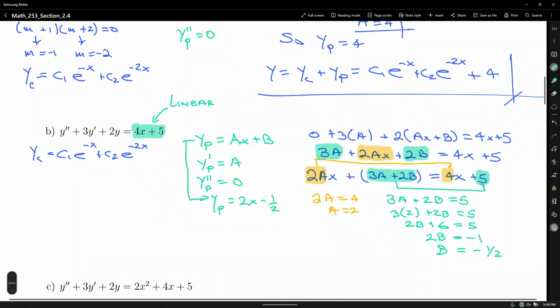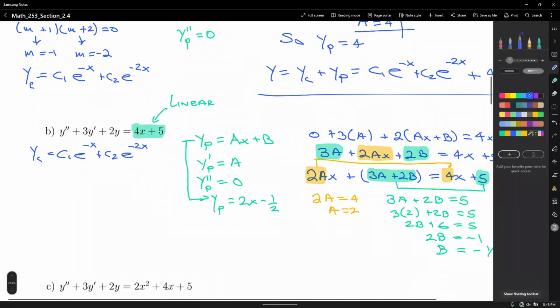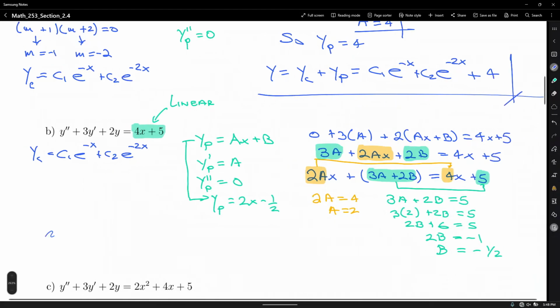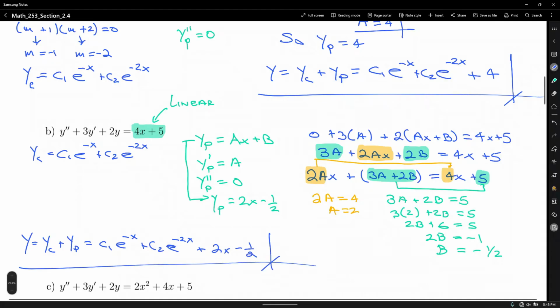And now we're ready to write the general solution to the differential equation, which consists of y sub c plus y sub p: y equals c1 e to the negative x plus c2 e to the negative 2x plus y sub p, which is 2x minus 1/2.